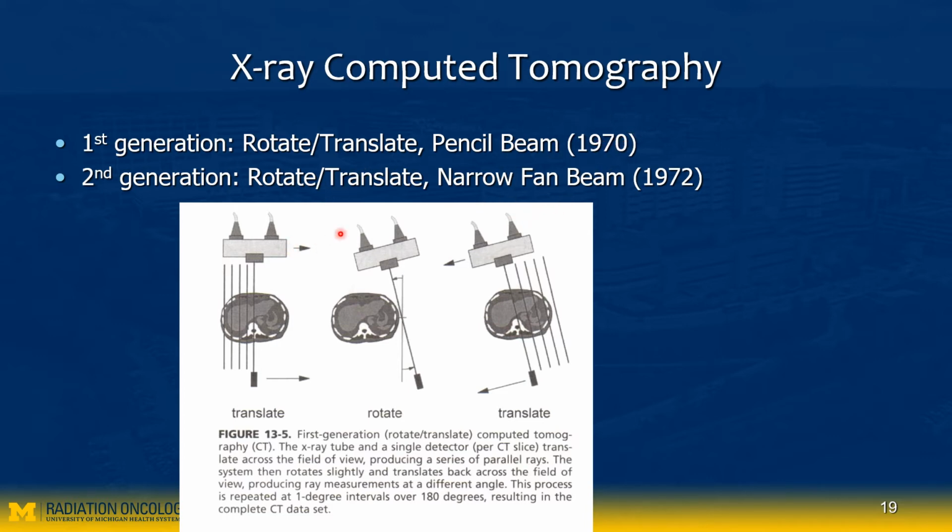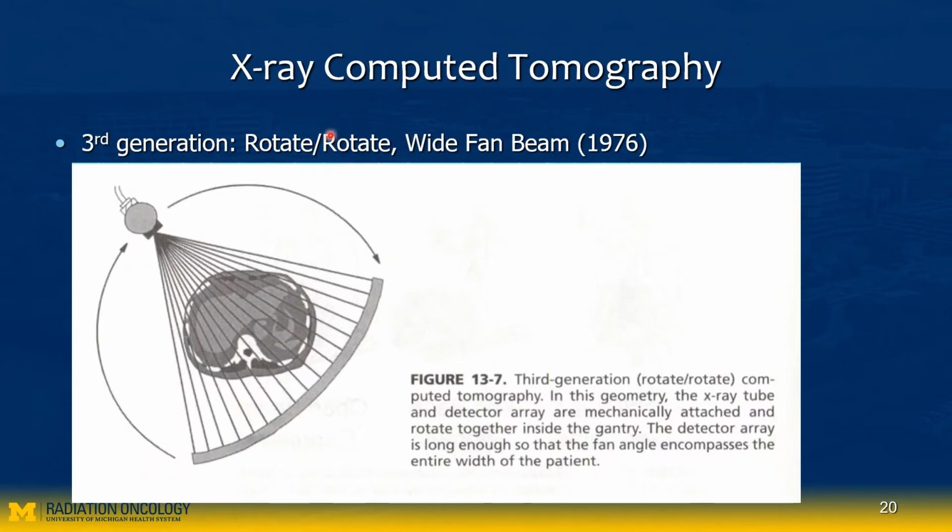Second generation is very similar, but instead of using a pencil beam, it uses a narrow fan beam, so it grabs more anatomy. Third generation CT can be categorized as rotate with wide fan beam. In this third generation, the X-ray tube and detector arrays are mechanically attached, and it is a wide fan beam.